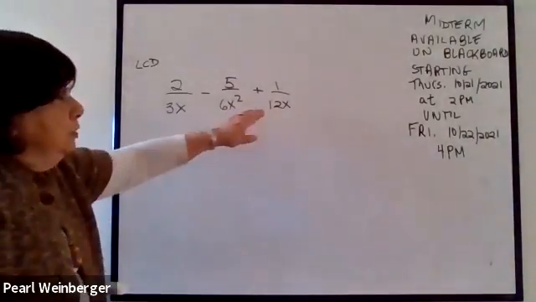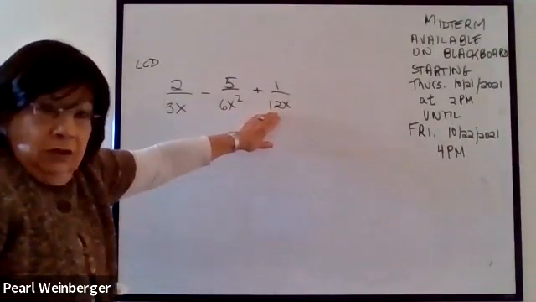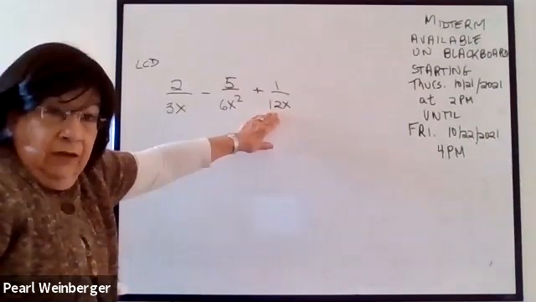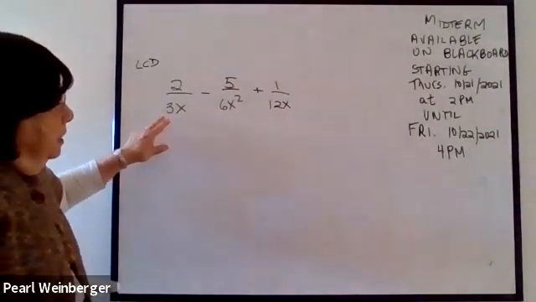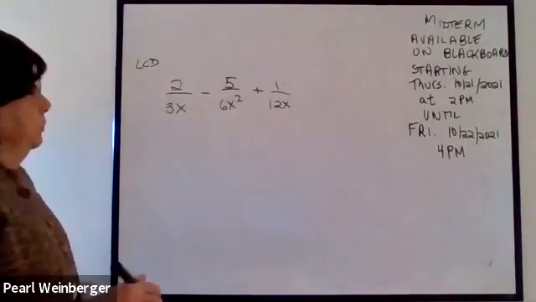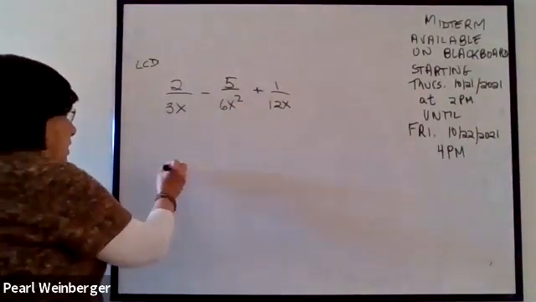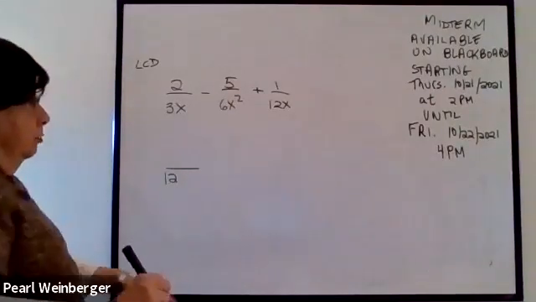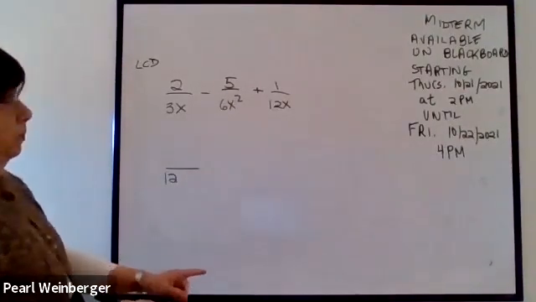Usually what I do is I take the largest number and see if the others go into it evenly. And 3 does go into 12, and 6 does go into 12. So in terms of the coefficient part, the common denominator is going to be 12.